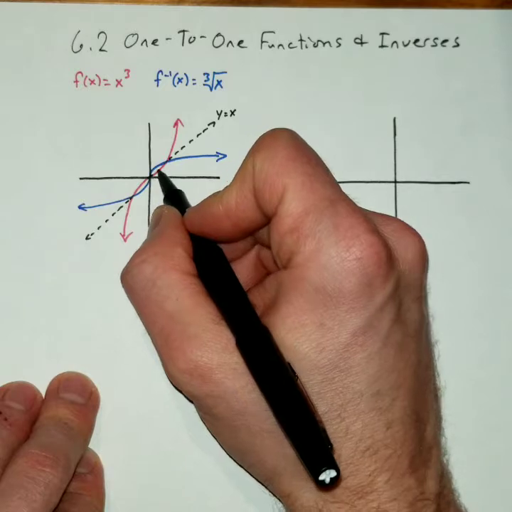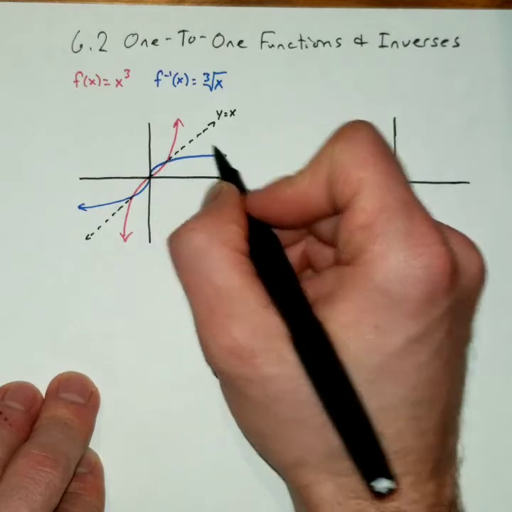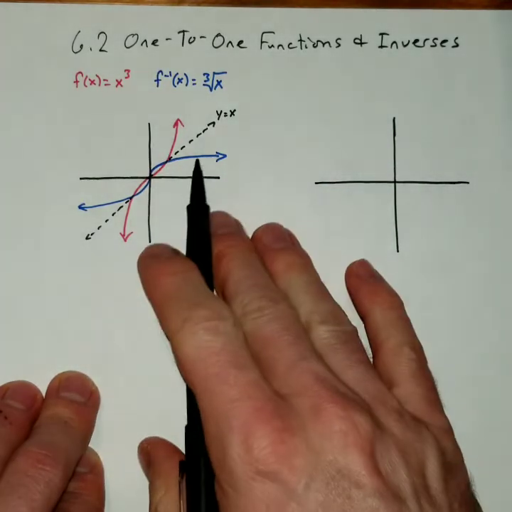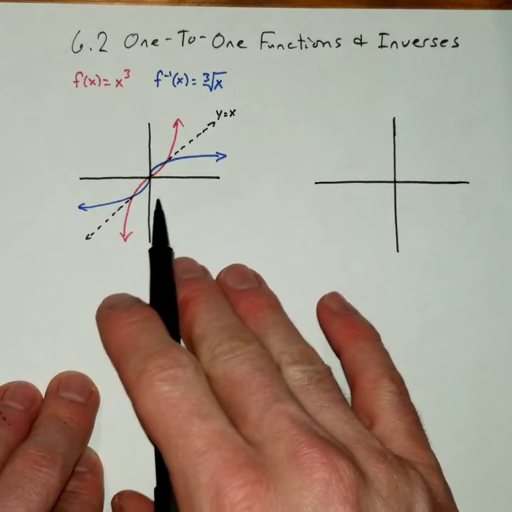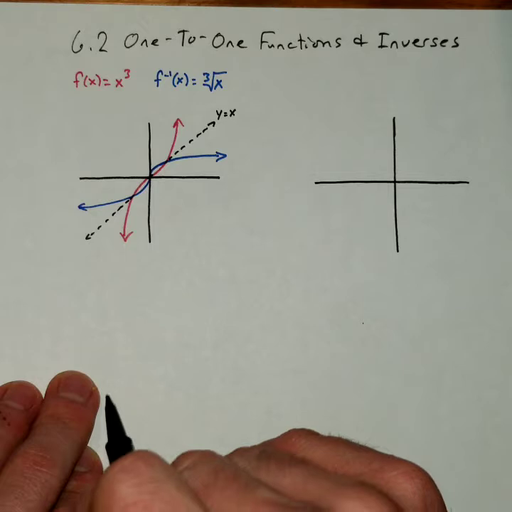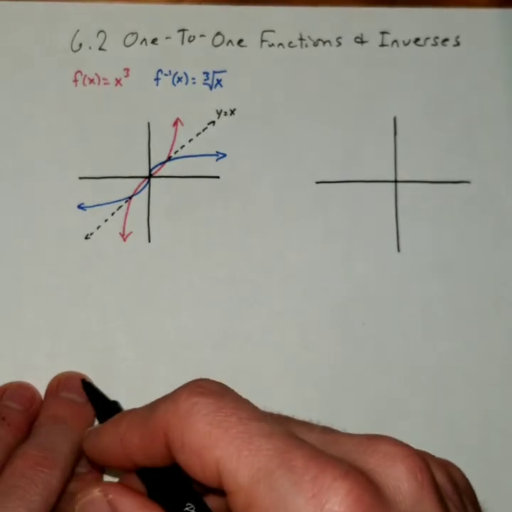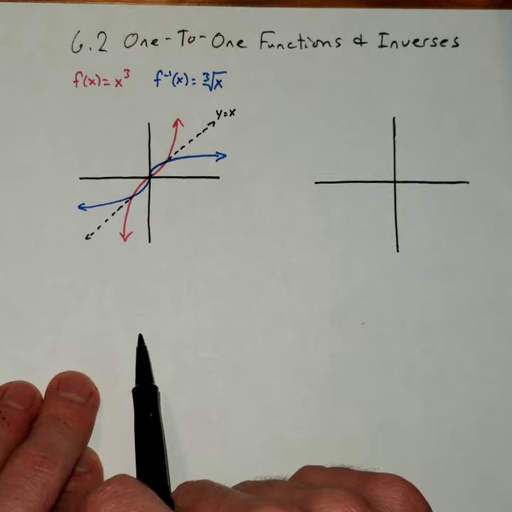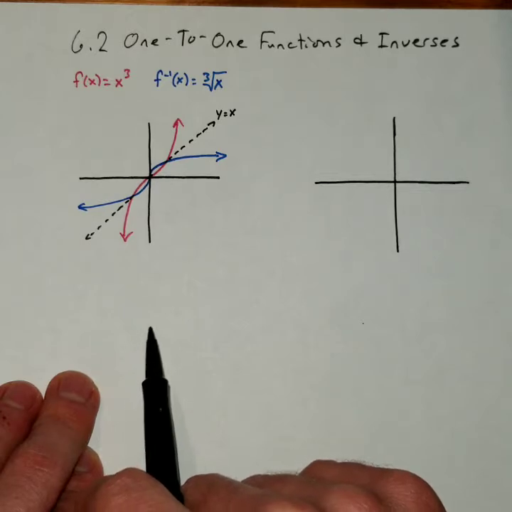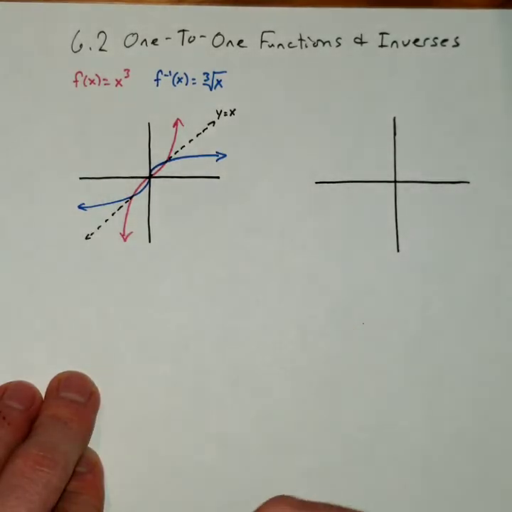So it goes through the origin, goes up 1 over 1, all the way down. And what's interesting about that line is every point on that line has the same x and y coordinate, like 1, 1, 2, 2, 3, 3, and so forth. Okay. So those two functions have that same reflecting property.